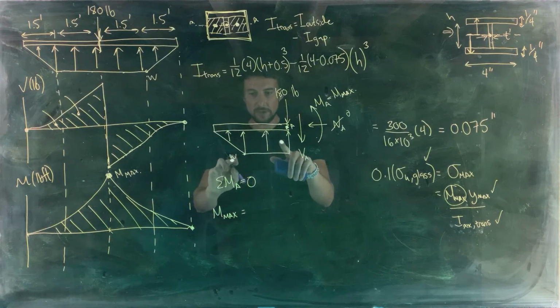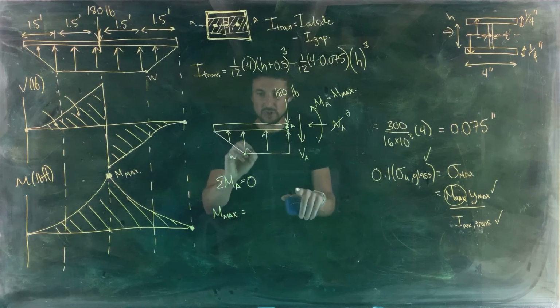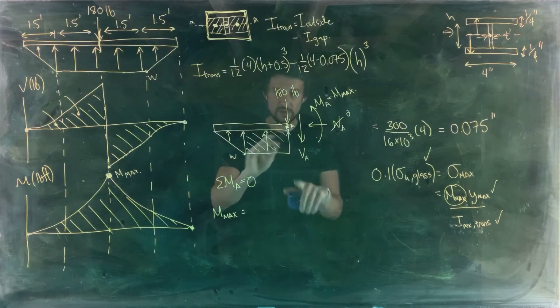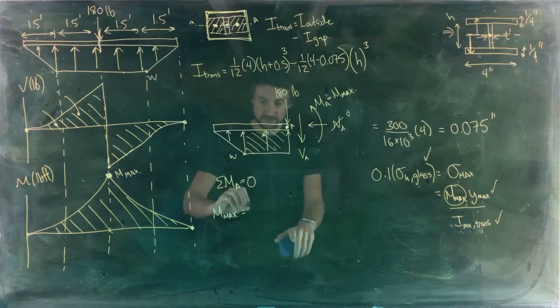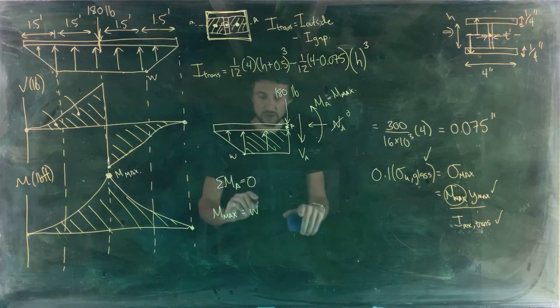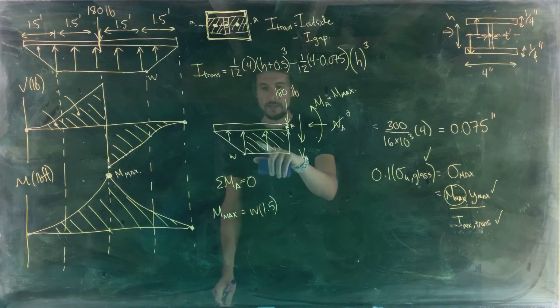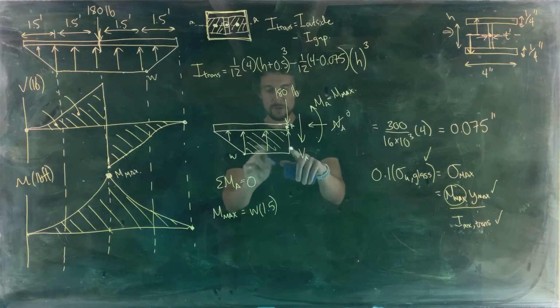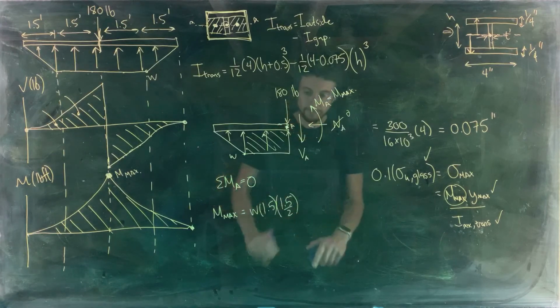We've got a value of W multiplied by, let's break this up into two pieces and do the moment created by this rectangular piece first. So that's going to be W multiplied by length, which is 1.5 feet here. And then multiplied by the moment arm. So it's going to be 1.5 divided by 2.